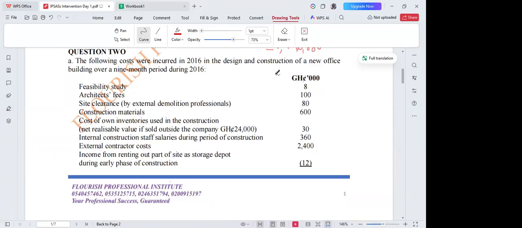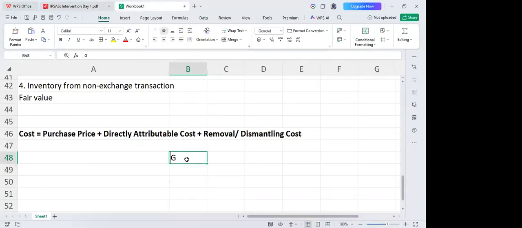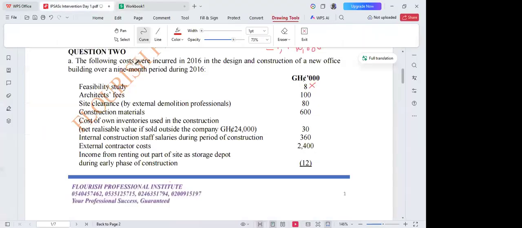Okay. So you're also supporting what she said. It's a research expense. So you're not going to consider it. Okay, you are correct. So you're not going to consider this one as part of the cost of the assets. So that's correct. Next one is architect fees.